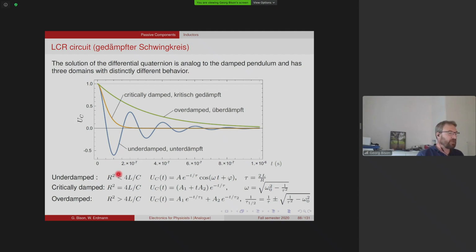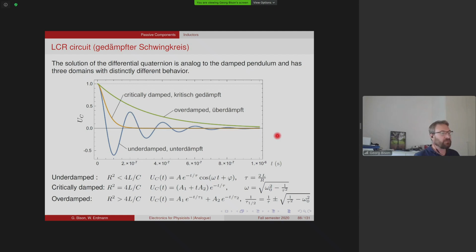The underdamped case is when the resistor is small enough, and the condition is that R squared must be smaller than 4L over C. And then we get a cosine wave with an exponential decay in front of it. And this is shown here as the blue curve. So you see we get an oscillation, but with an amplitude that becomes smaller and smaller. And as I said, the reason for that is that in every cycle, a bit of the electrical energy is dissipated in the resistor.